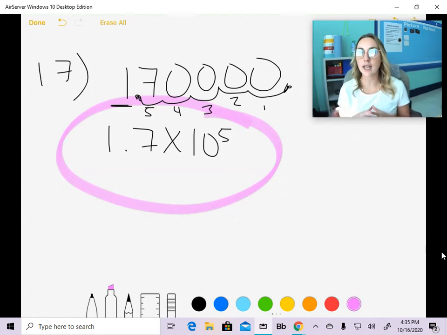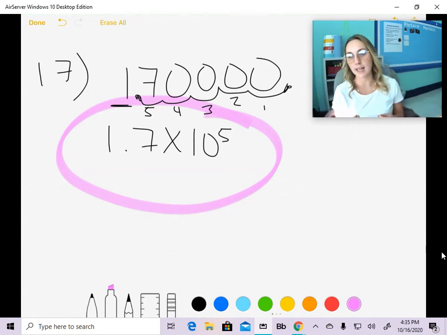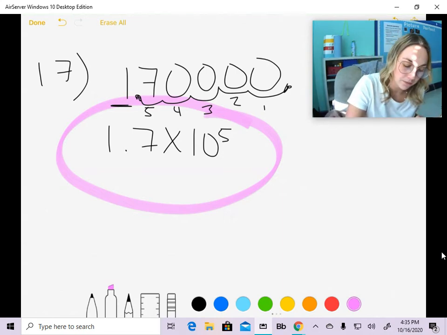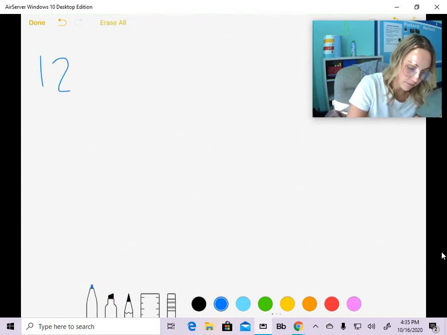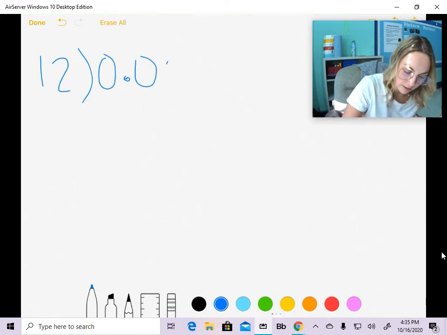Okay? Because in those cases, your exponents are always going to be negative, and let me show you why. Let's go to my first example. I decided on number 12. All right, so let's go to number 12. In this case, it's going to be a small number, so we're going to have 0.00042.